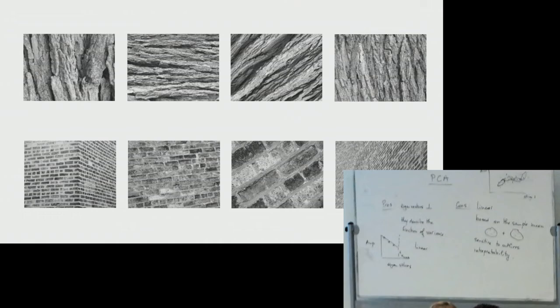Now let's consider these ones. Are they all similar, or are there two categories here? Two categories? What makes them similar within one category and dissimilar between the two categories?